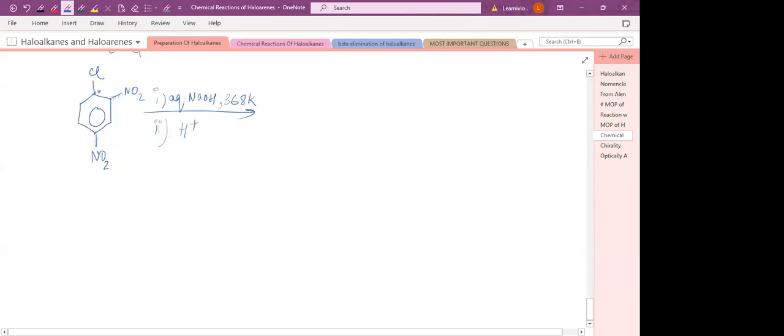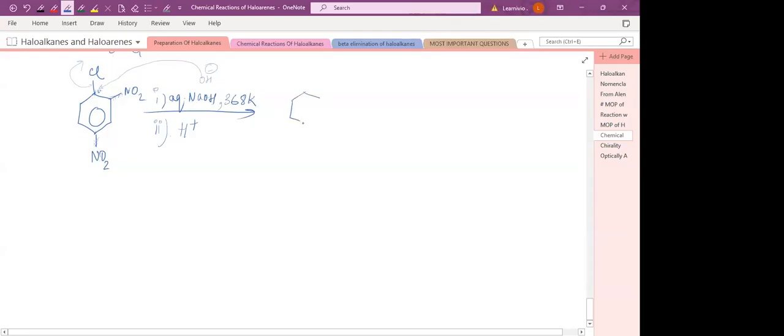Partial positive charge means the electron density is reduced. So the electron density decreases at this position. Due to that, this chlorine can easily leave the benzene ring, and the OH minus, which is a nucleophile, can attack that carbon easily.